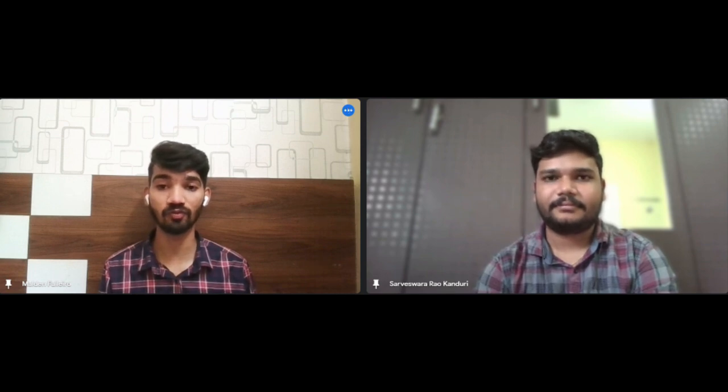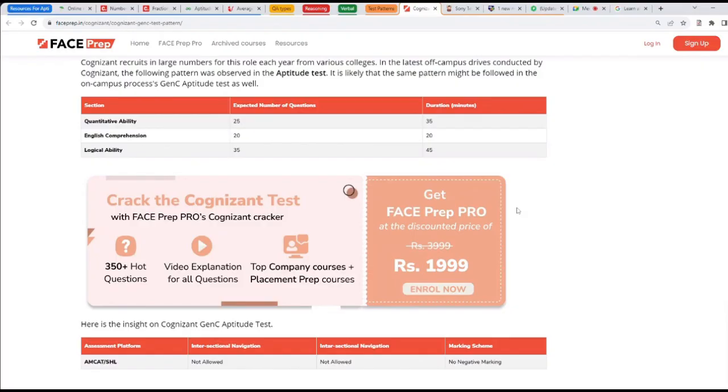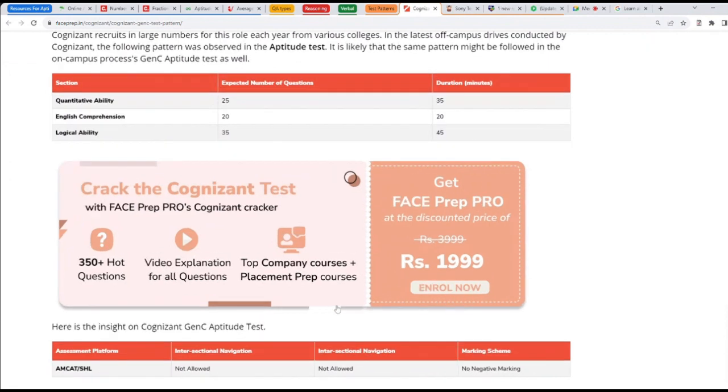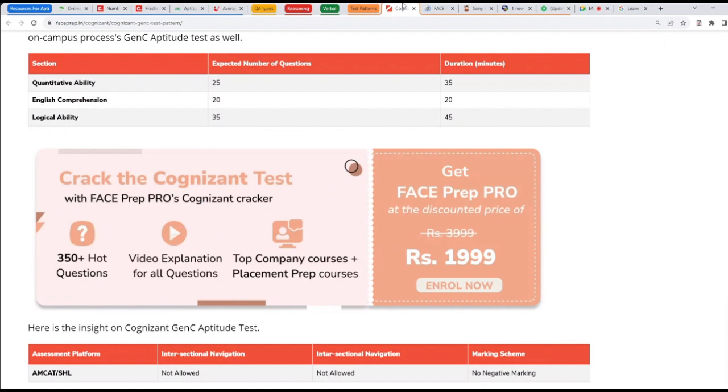Okay. Now, if you could name a company and describe their aptitude pattern, it will be very useful to my audience. So I'll tell you about the aptitude test pattern that Cognizant followed for a role called Gen Z. As you can see, they have covered 3 sections: the quantitative aptitude, that's the quantitative ability; English comprehension, which is nothing but the verbal ability that I was talking about; and the logical ability.